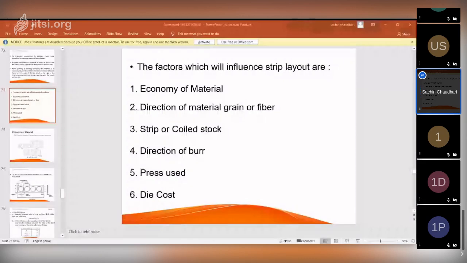So the bend should be made across the strip, at about 90 degrees to the fiber, that means you bend the sheet metal perpendicular to the fiber, then you will get the maximum strength in that bend part. So that's why the direction of material grain is an important factor which influences your sheet metal layout. But it's only limited to bending and deep drawing operations.